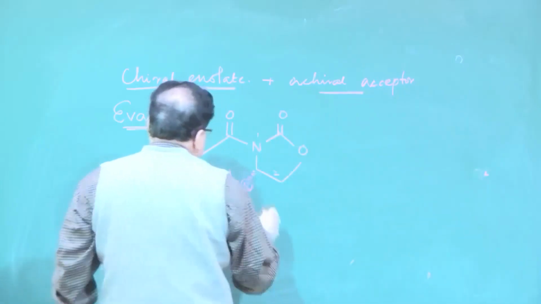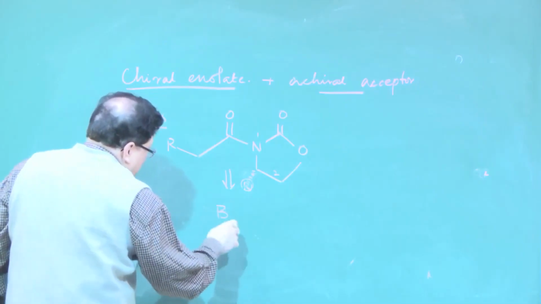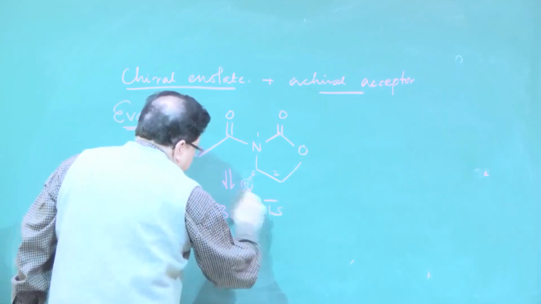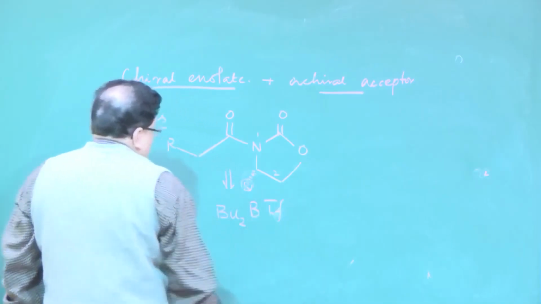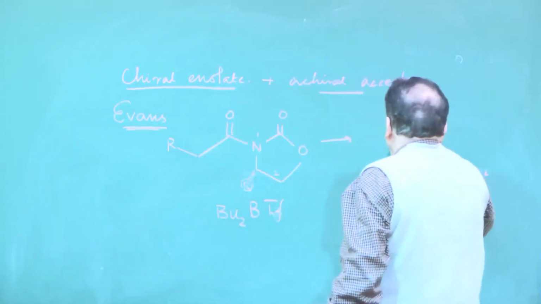So, as you add now, here he used a particular compound, dibutyl boron triflate. Okay. Dibutyl boron triflate will form an enolate like this.